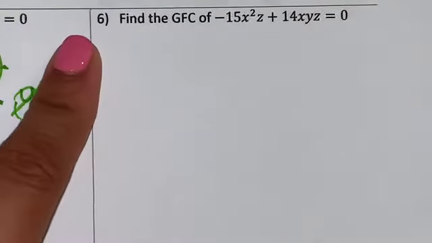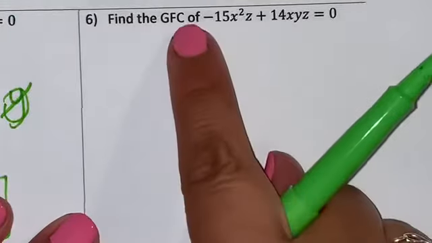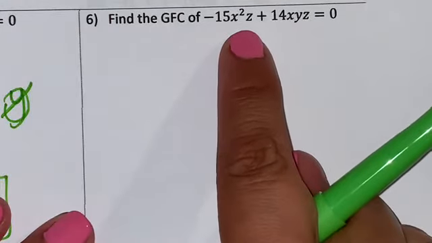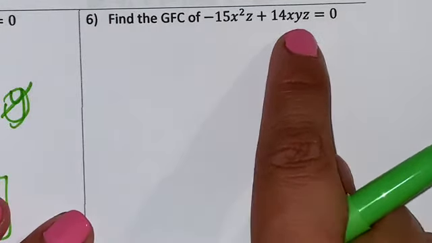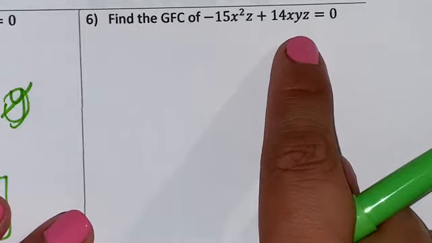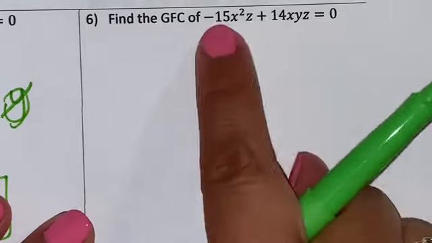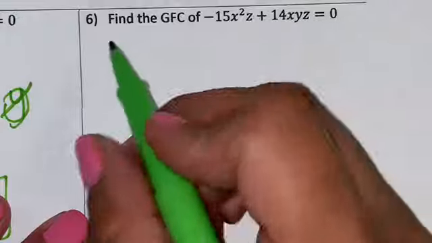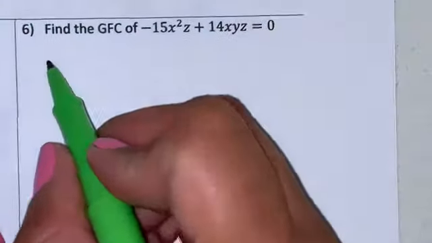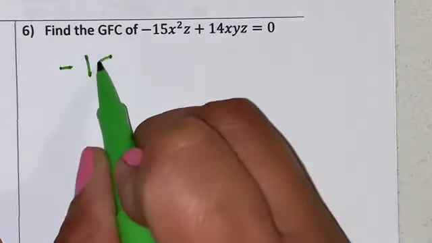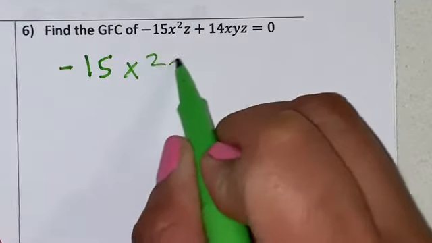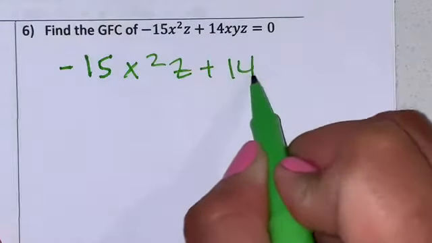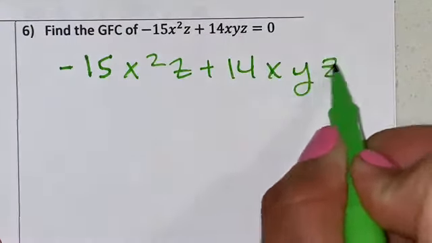We have number 6 here. It says, find the GCF of negative 15x squared z plus 14xyz. So this is all multiplication. Let's write this out. I have negative 15x squared z plus 14xyz.